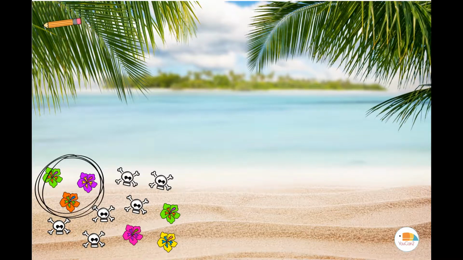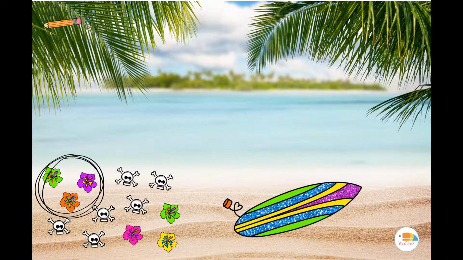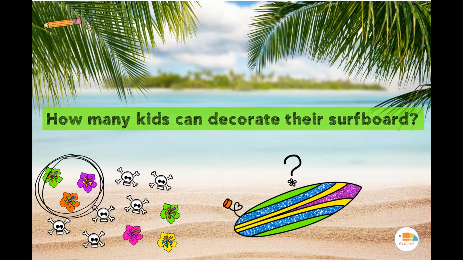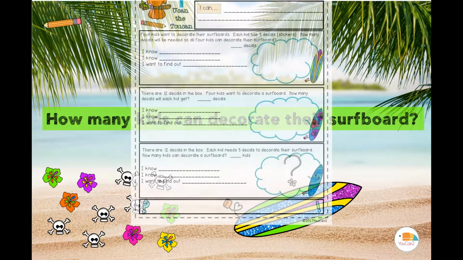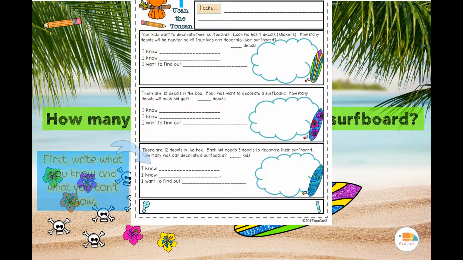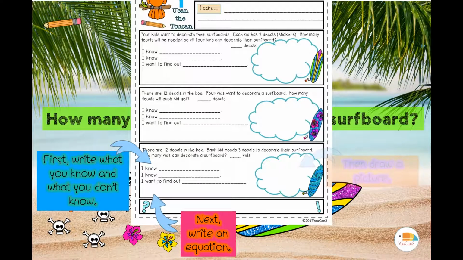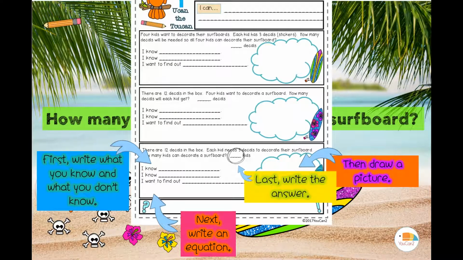And every kid is going to get 3 decals for their surfboard. So what you don't know is how many kids are going to be able to decorate their surfboard. Remember, it's a pencil problem. Make sure you write down what you know and don't know. Make an equation, draw a picture, and last write down the answer. Good luck.